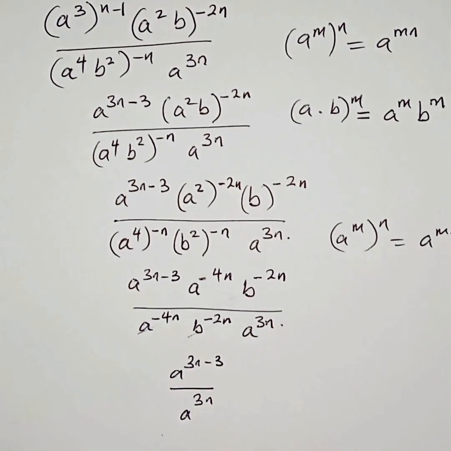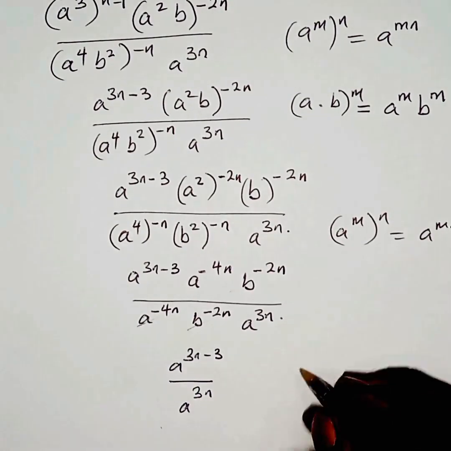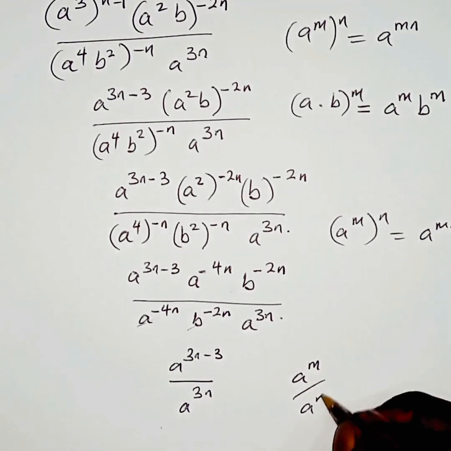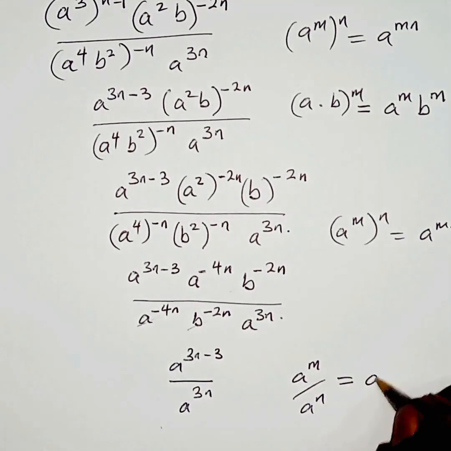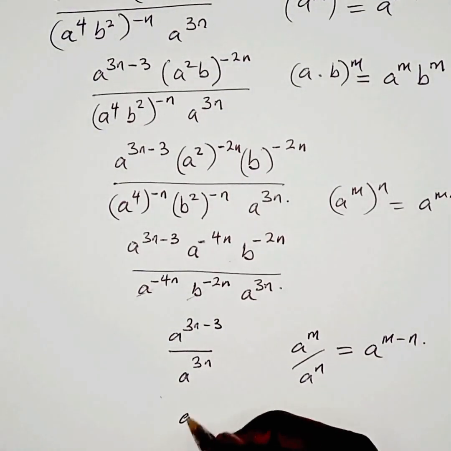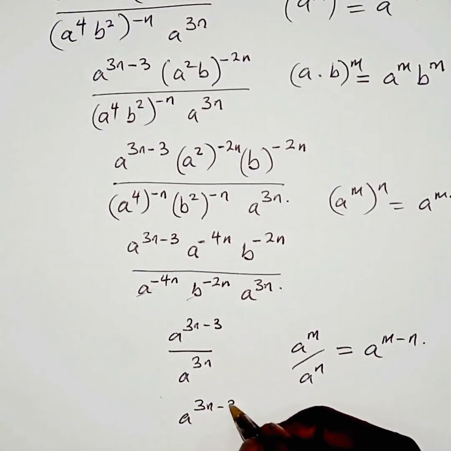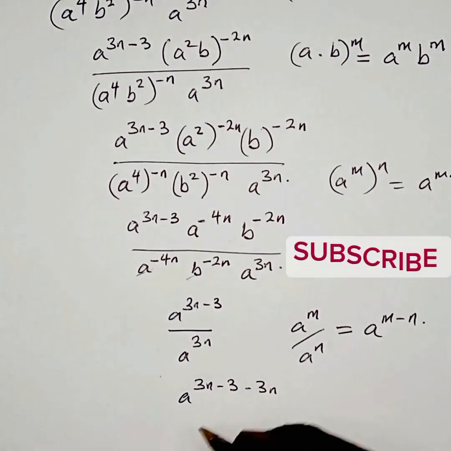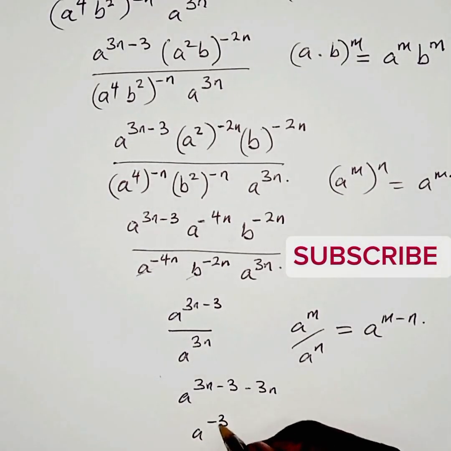And then we are going to use this law of exponents that says a^m divided by a^n is equal to a^(m-n). So in this regard, we are going to have a^(3n-3-3n), and that is going to give us a^(-3).